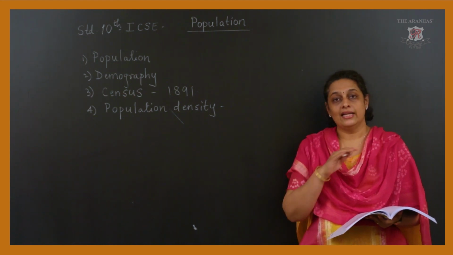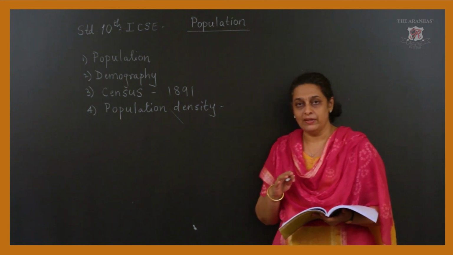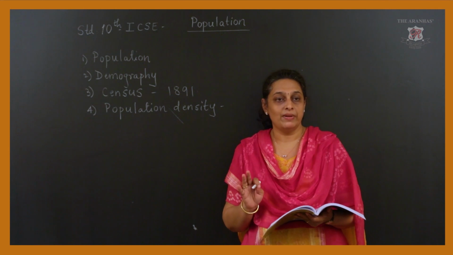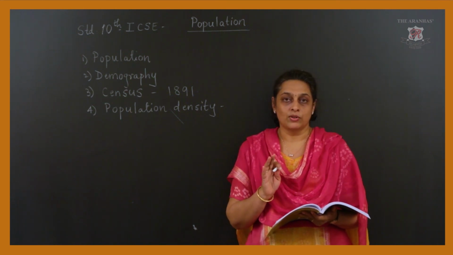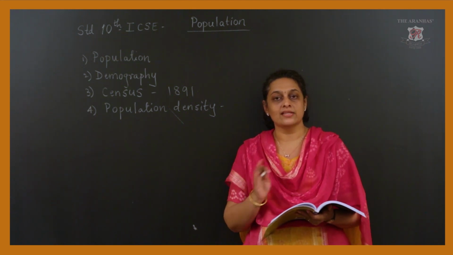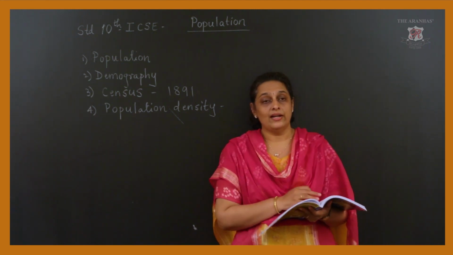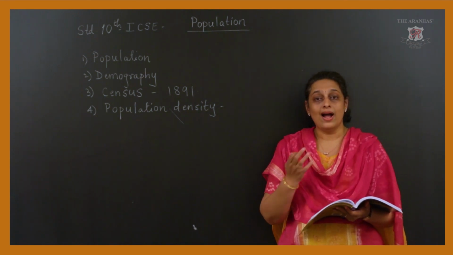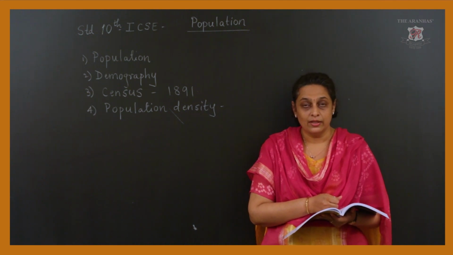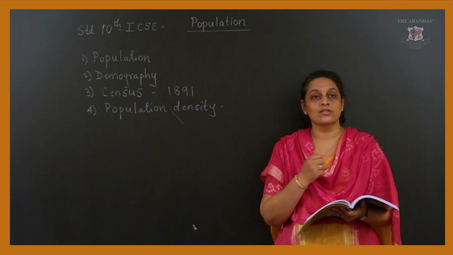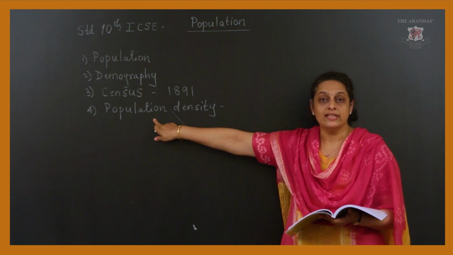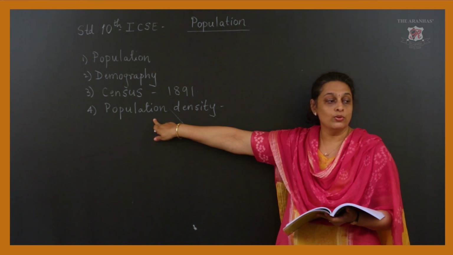Now, I will give you a simple example which is related with the current situation. I am sure you all must be keeping track of the coronavirus and all that pandemic and things related with it. Now, in a country like India, why is it so difficult or challenging to control spread of this coronavirus? The answer is population density. We have huge population.